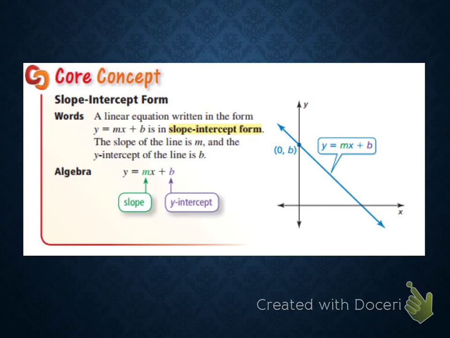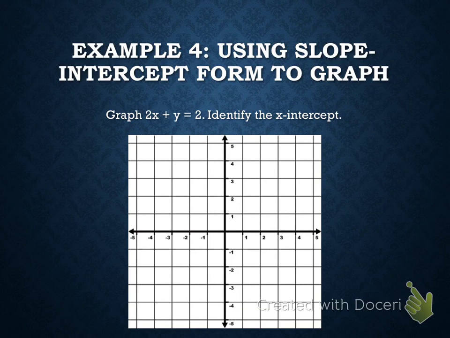So how are we going to use this information in order to graph? Let's look at example 4 here, using slope-intercept form to graph. Graphing 2x plus y equals 2. I can find the x and y intercepts, or I could put it in slope-intercept form.